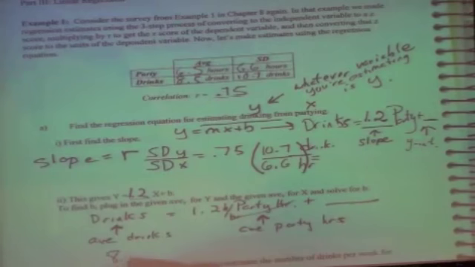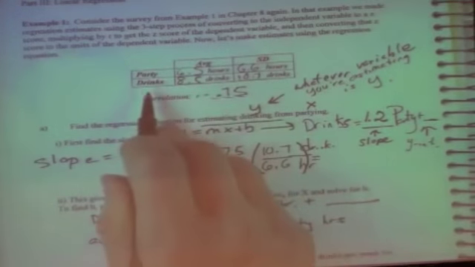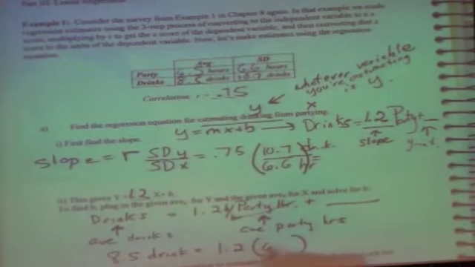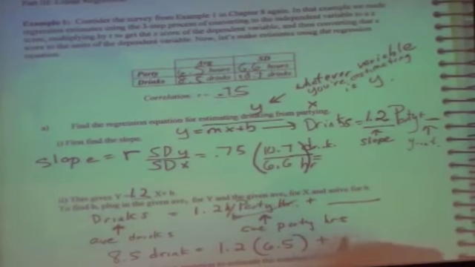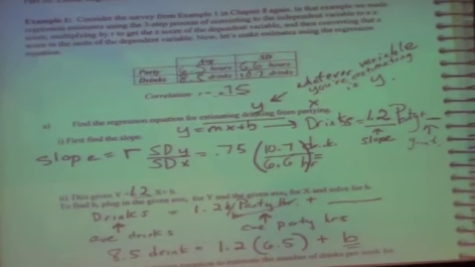So we have 8.5 drinks equals 1.2 times the average party hours, which is what? 6.5 plus b. And we just want to solve for b. That's all we have to do. The labels cancel. Any questions on that?